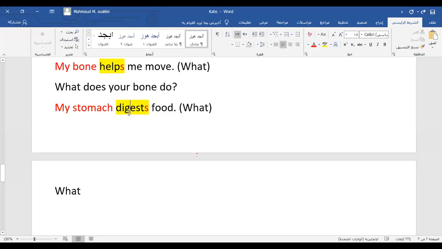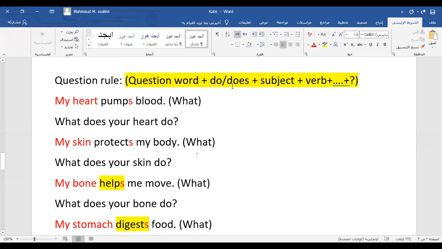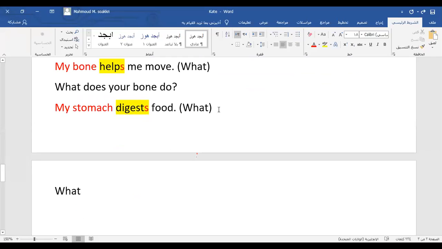It is D-I-G-E-S-T-S, right? Yes. If we see s at the end of the verb, do we use do or does? Does. Thank you very much. So I write the question word what, and the helping verb does.